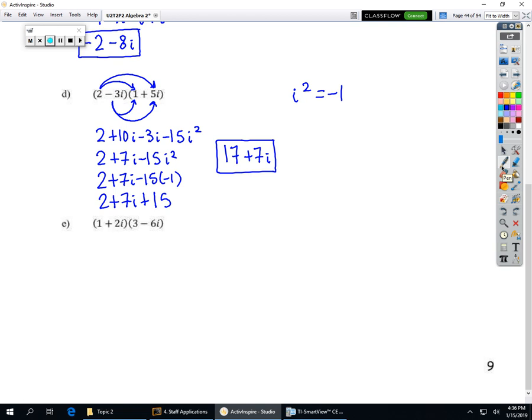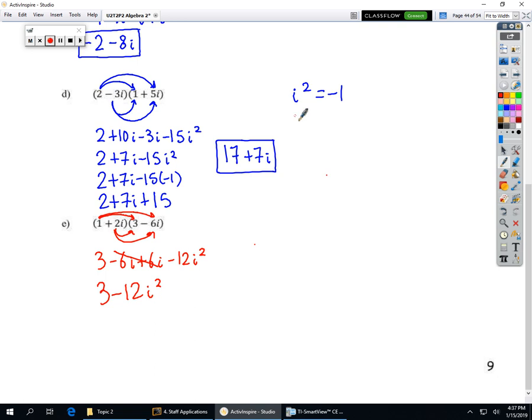And then what about this last one? I'll just do it by hand just because it helps us practice distributing. 1, 2, 3, 4. 1 times 3 is 3. 1 times negative 6i is negative 6i. That is positive 6i. And these two multiply to get negative 12i squared. Well, the 6i and the minus 6i will cancel out, leaving 3 minus 12i squared.